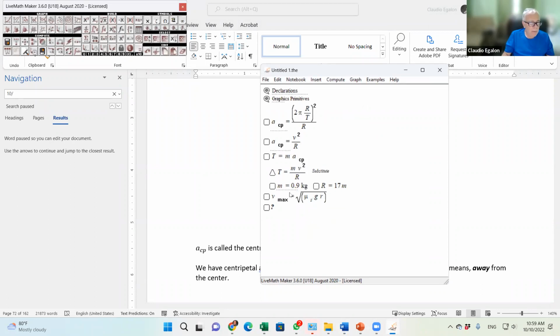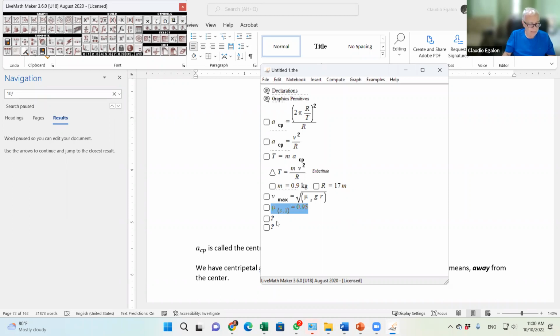So we have two situations. Mu sub s1, that's dry pavement, 0.95.